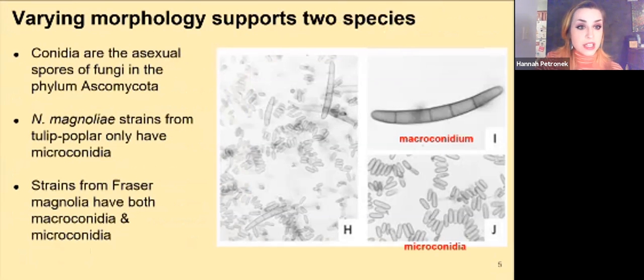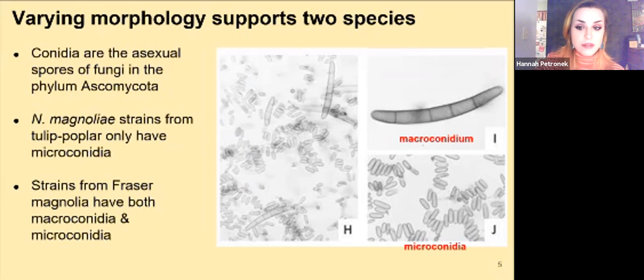In fungi, we classify a lot of things based off of their morphology. One morphological characteristic we look at is conidia, which are the asexual spores of fungi belonging to the phylum Ascomycota. As mentioned in the previous slide, we have some evidence that suggests that Neonectria magnoliae might be two different species.